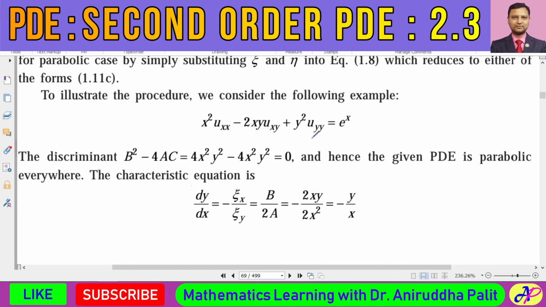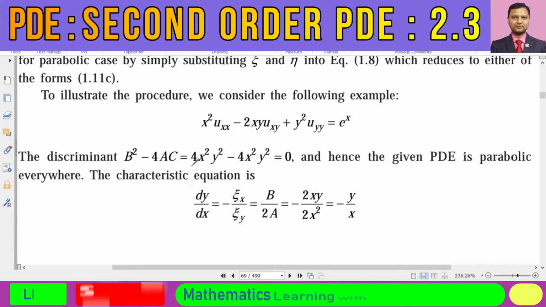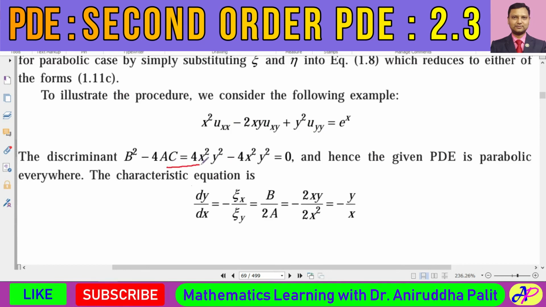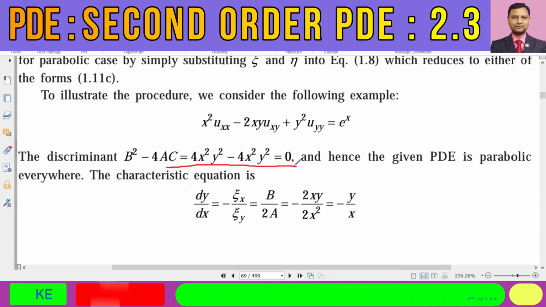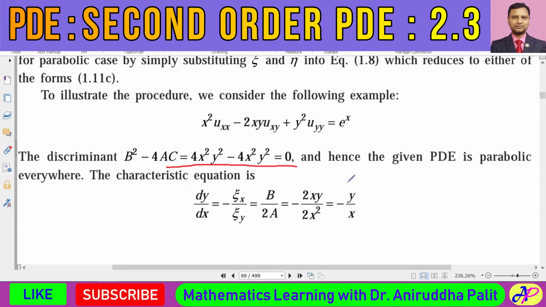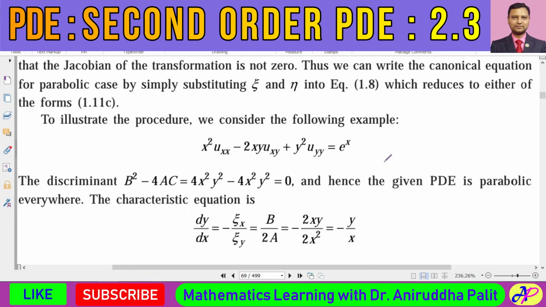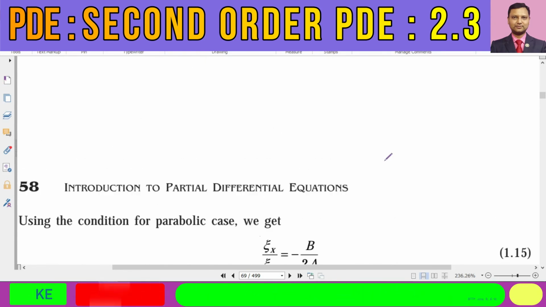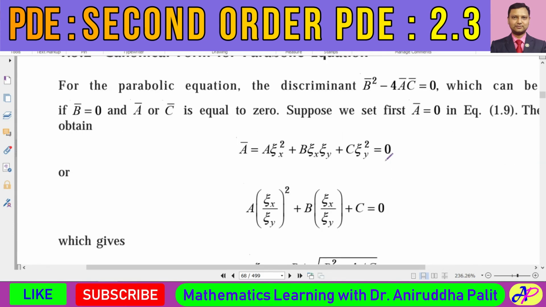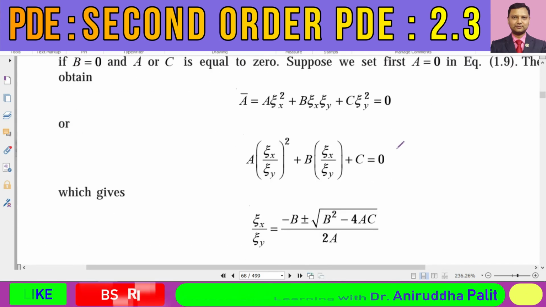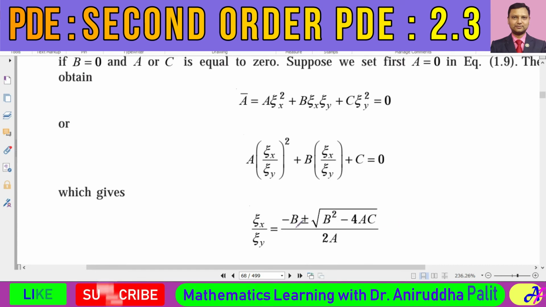So from the expressions of capital A, B and C, we got that b square minus 4ac is equal to 0. So we can conclude that yes, the partial differential equation is a parabolic partial differential equation. Now you see, if you look at the old computation, if a bar is equal to 0, from that relation we got the expressions of chi x by chi y.